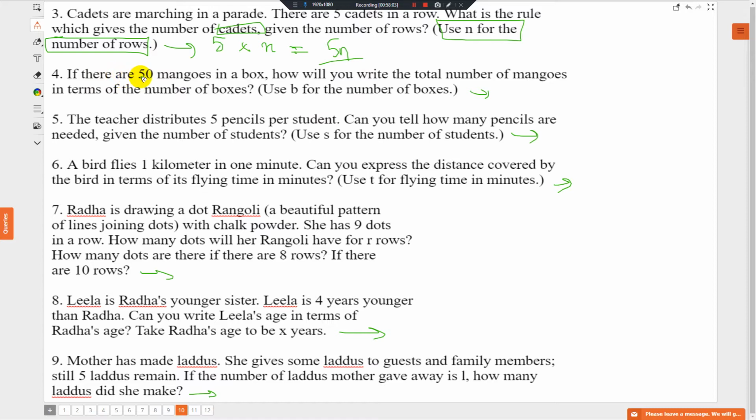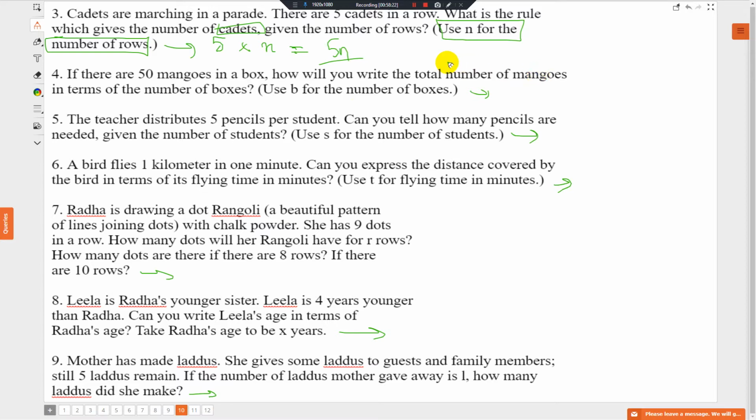Now same here, if there are 50 mangoes in a box, how will you write the total number of mangoes in terms of the number of boxes? Use B for the number of boxes.